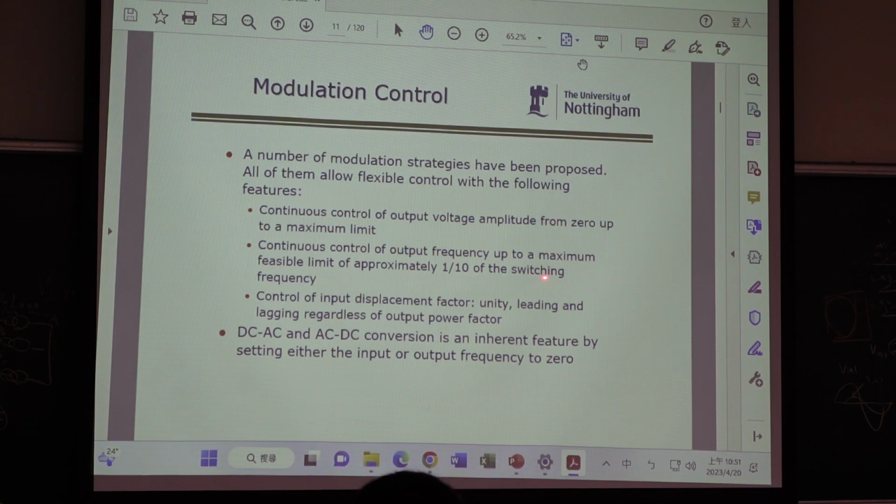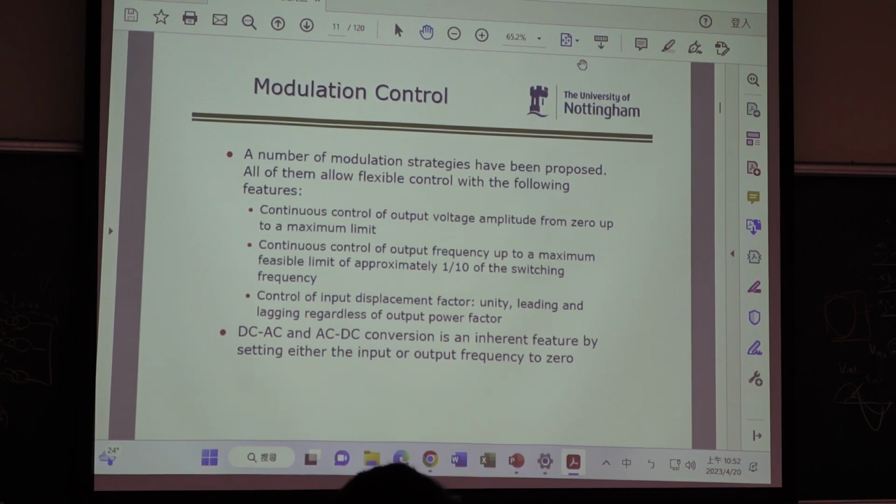What is the switching period? 1 millisecond. 1 millisecond inverse is what? 1 kilohertz, right? Now the output frequency maximum is 10% of 1 kilohertz. What is 10% of 1 kilohertz? 100 hertz.